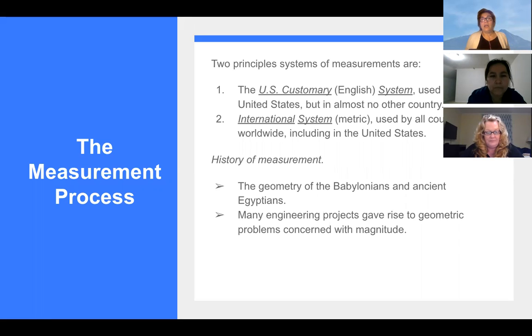As of today, many engineering programs have raised the geometric problem concerned with magnitude. Every day in our life, we have to use measurements somehow, while you're cooking, while you're trying to do gardening, anywhere.